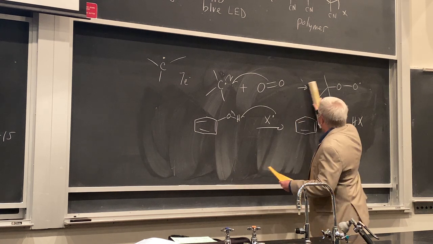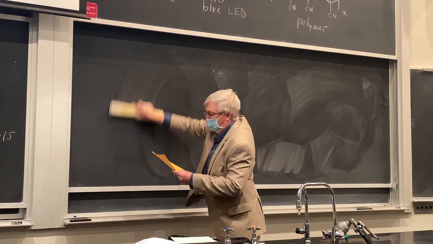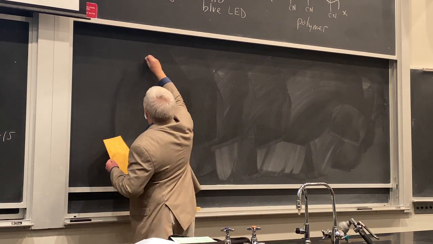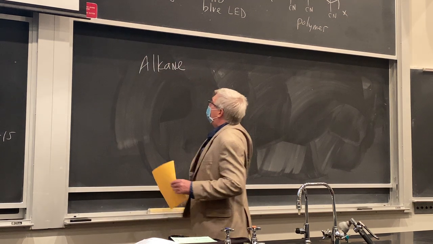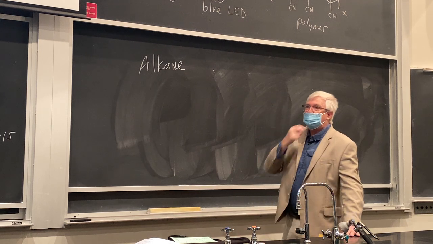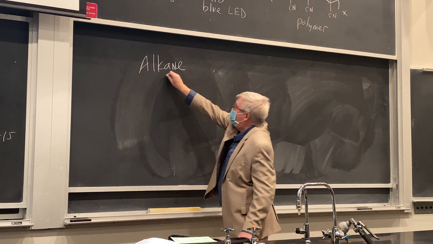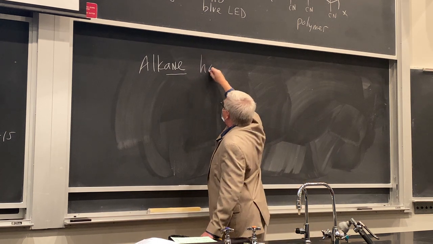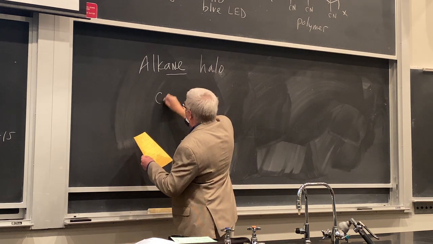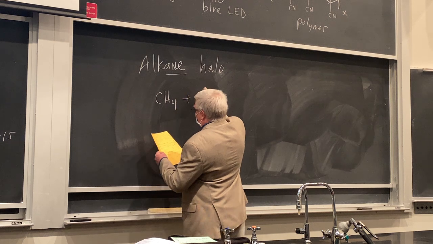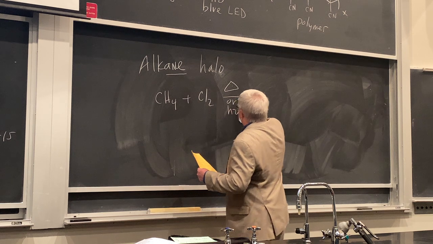Let's look at alkane halogenation, our first reaction that we need to talk about here. So halogenation of alkanes. And this is different. We saw a means of forming halides from alkenes before, right, in chapter 9, but now directly from alkanes. So this is important to talk about. So let's talk about methane plus chlorine and heat or light, okay?